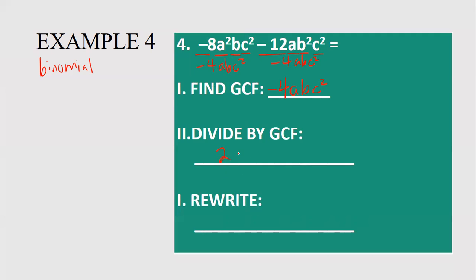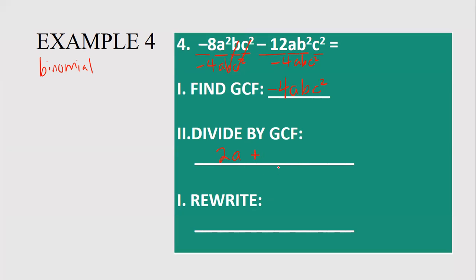A negative divided by negative is a positive. A squared divided by A is A. B divided by B cancels. C squared divided by C squared, minus, well, let's see, a negative divided by a negative is a positive.